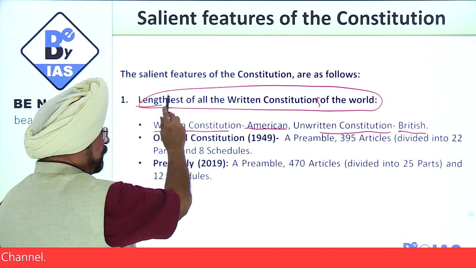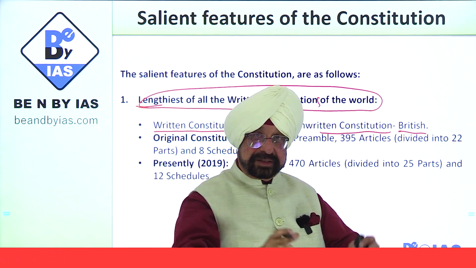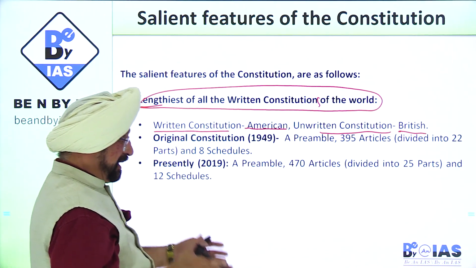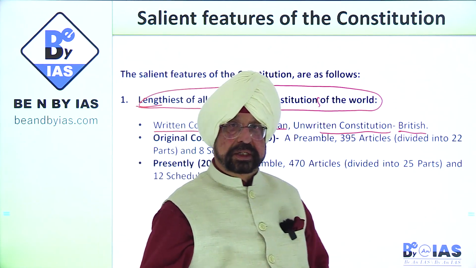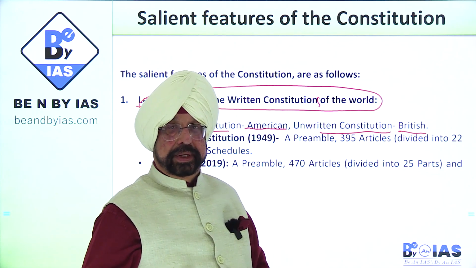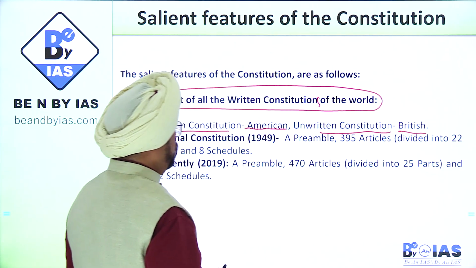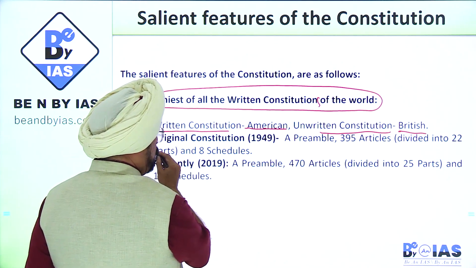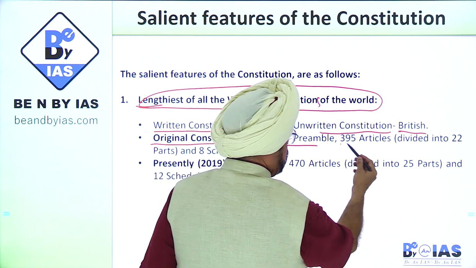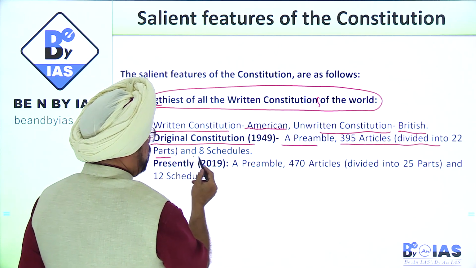So what does it contain? What is the size, how many articles, how many parts, how many schedules are there? When it was enacted and adopted on November 26, 1949, the original constitution had a preamble, 395 articles divided into 22 parts and 8 schedules.